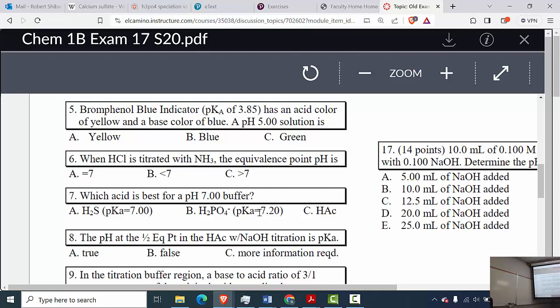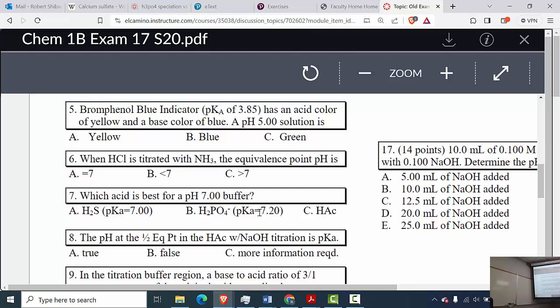Ammonium, you could look it up on the chart there. What's the Ka for ammonium? 5.7 times 10 to the minus 10, which means it's acid or base? Yeah, it's an acid.